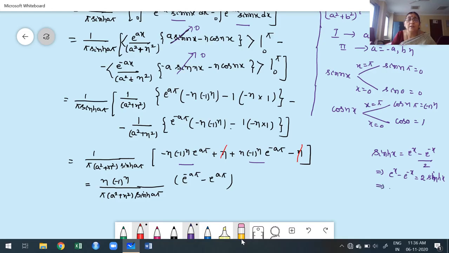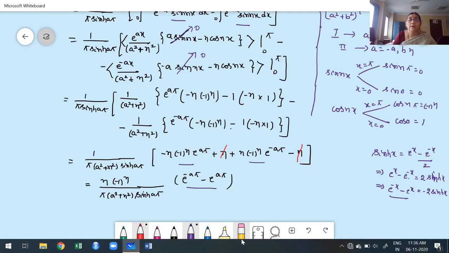This implies e power of minus x minus e power of x. Suppose you multiply it by a minus sign, this becomes plus, this becomes minus, which is nothing but minus 2 times sine hyperbolic of x. Now this is in the form of this.